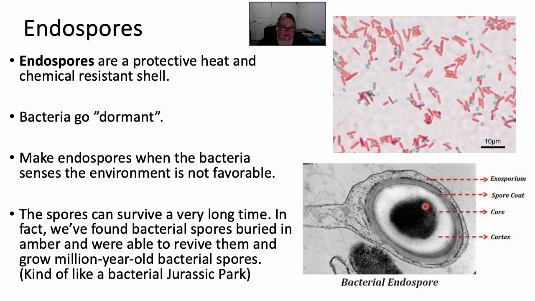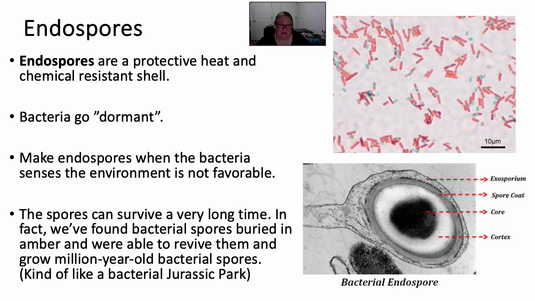Okay, so this is an electron micrograph of the endospore. We're going to have our core. This is where our DNA is going to go, and this is going to be that outer spore coat that's going to allow it to be both heat and chemical resistant. Meaning, if you boil water with a bacteria that has the capability to make an endospore, it won't actually kill the endospore.